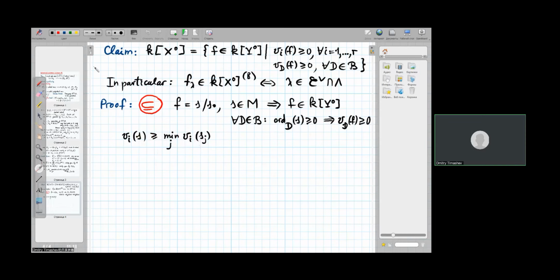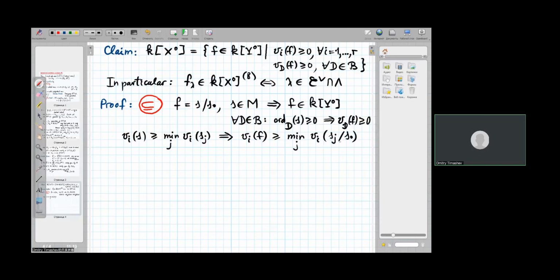So we have this inequality, and this implies that the value of Vi at F, so F is this fraction, is greater or equal than the minimum of values of Vi at the fractions Sj over S naught.